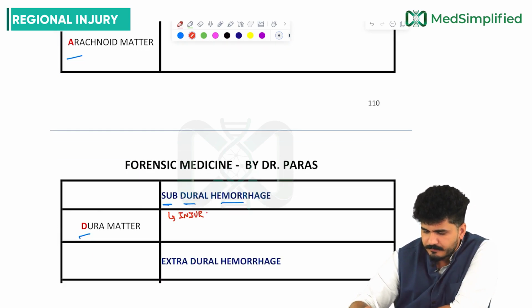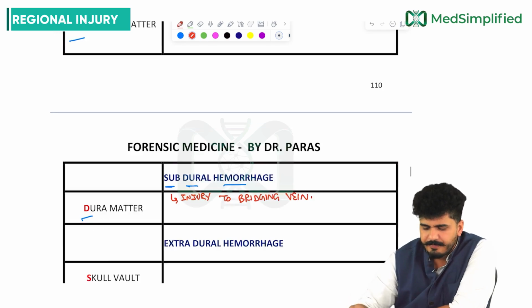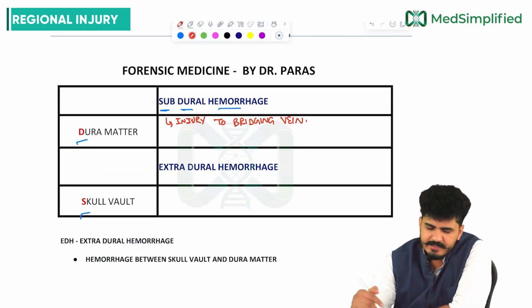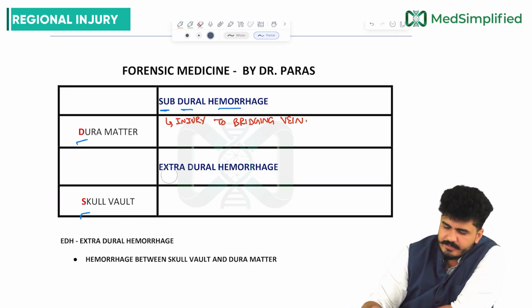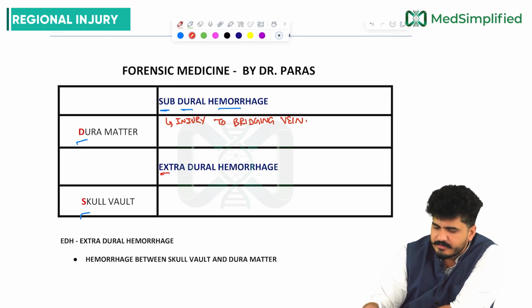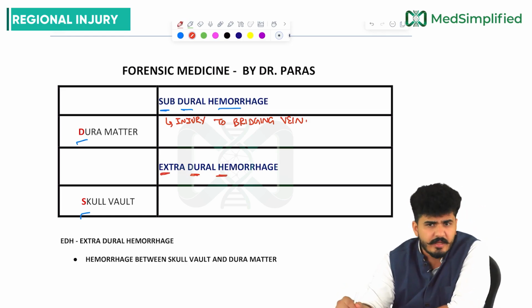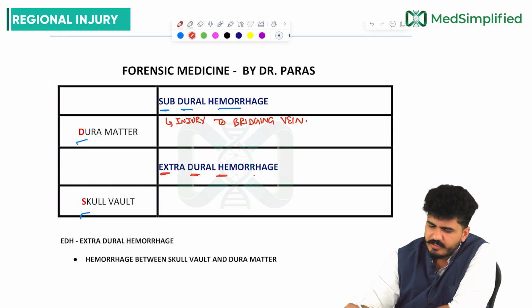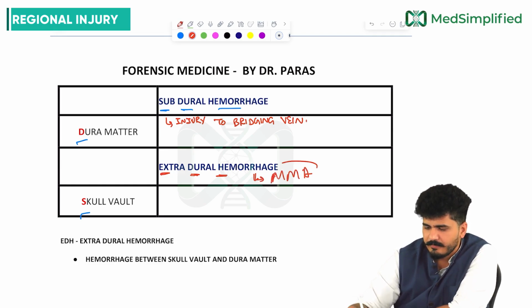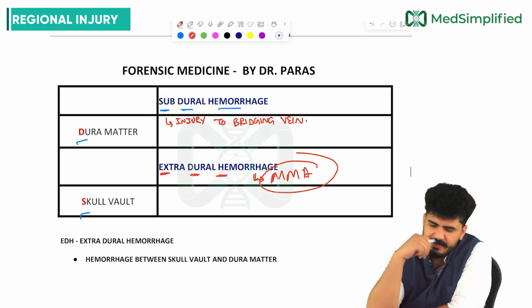Then between the dura matter and the skull vault, there will be an extradural hemorrhage. In extradural hemorrhage, there will be injury to the middle meningeal artery.